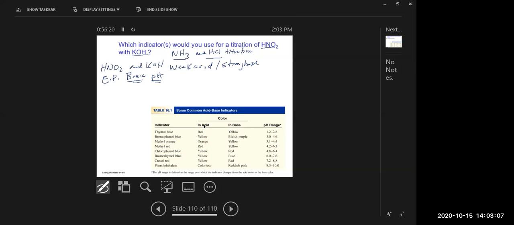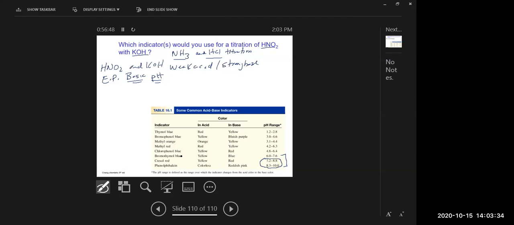That means that these are some indicators. In acidic solution, for example, thymol blue is red, and then it turns yellow when it gets to basic, and so forth as you go through the list here. Now, because it's basic, we have a few options. These three at the bottom might be good, but I would say probably your best choice would be the last two only.